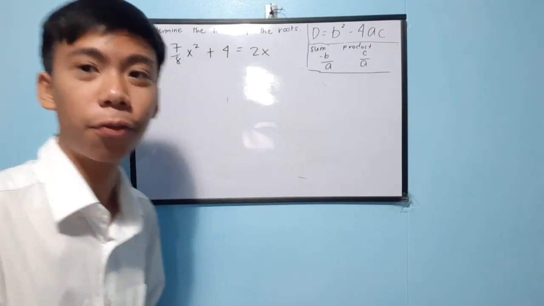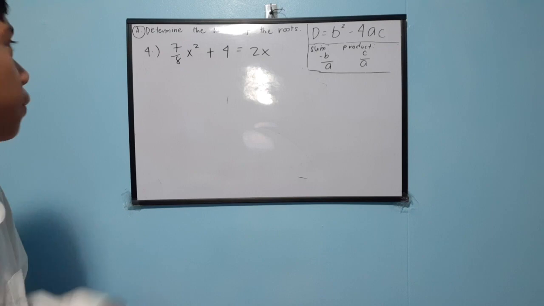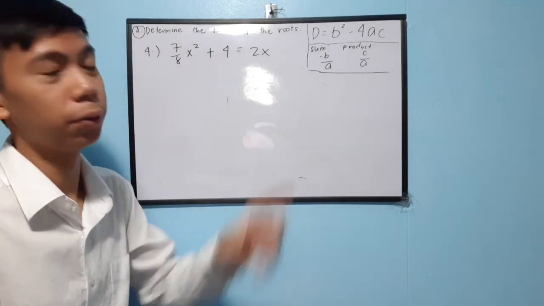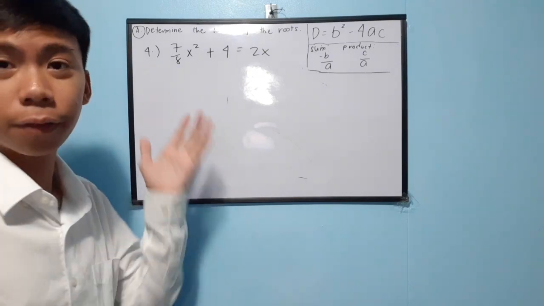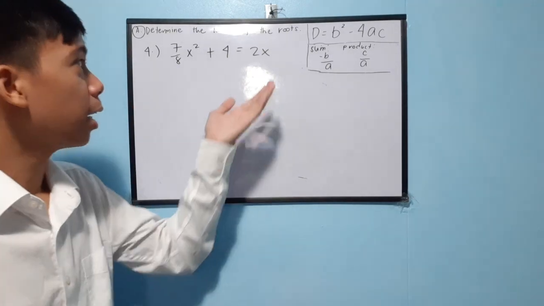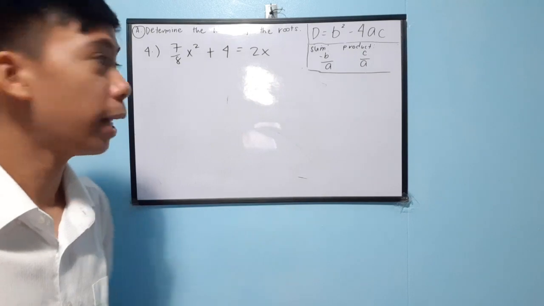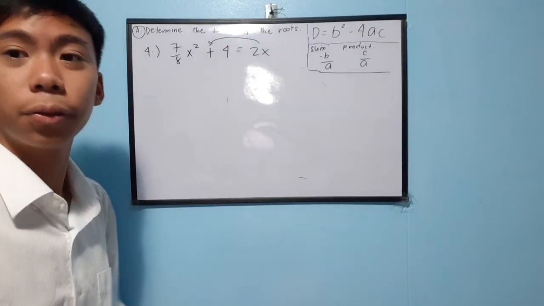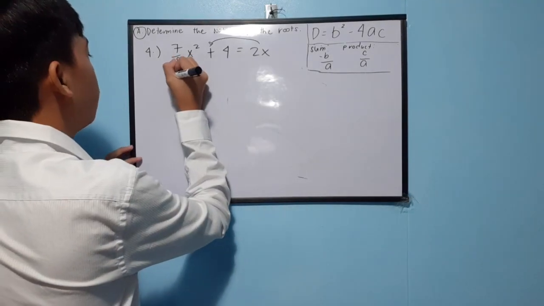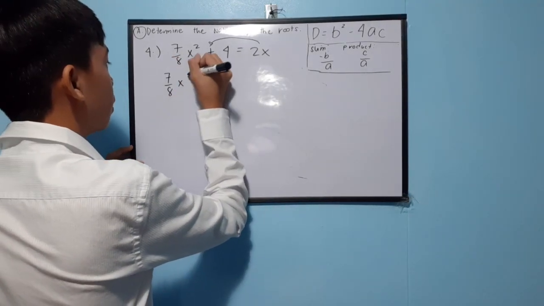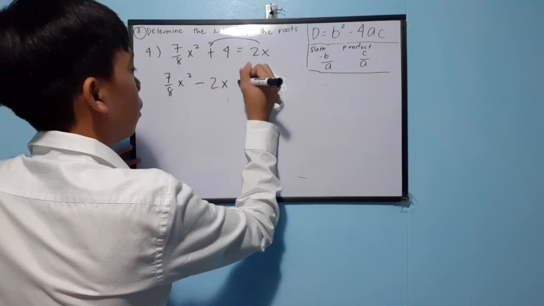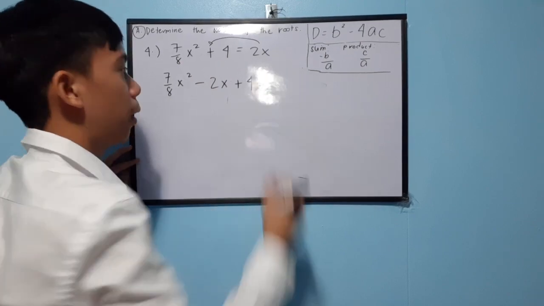So now for our fourth example, we have 7 over 8 x squared plus 4 equal to 2x. We have a fraction over here, and now we need to transpose 2x. So this will be 7 over 8 x squared minus 2x plus 4.